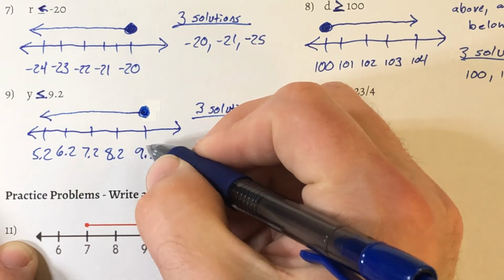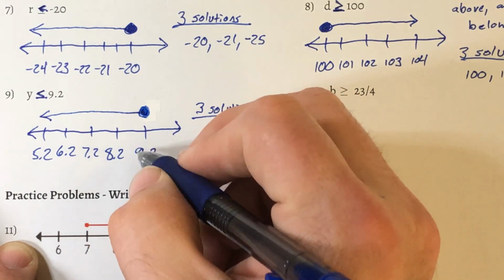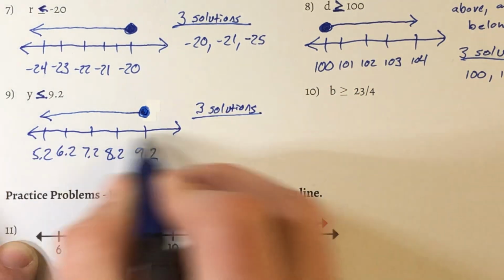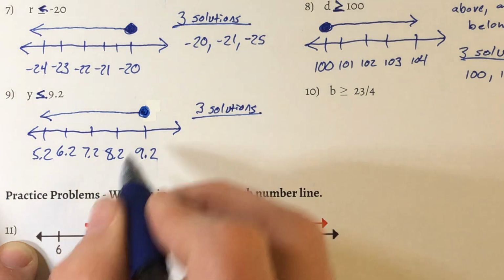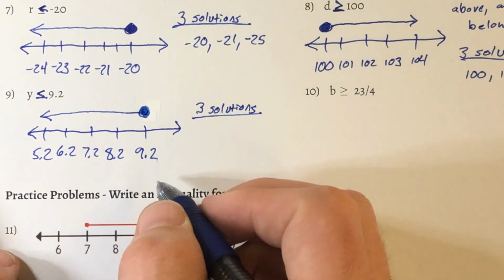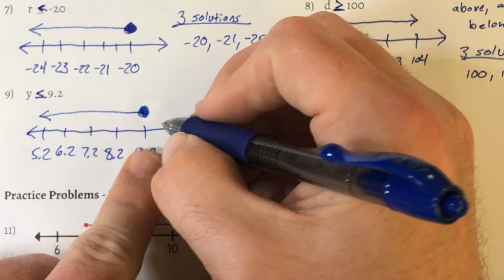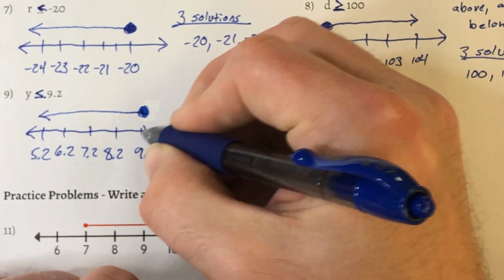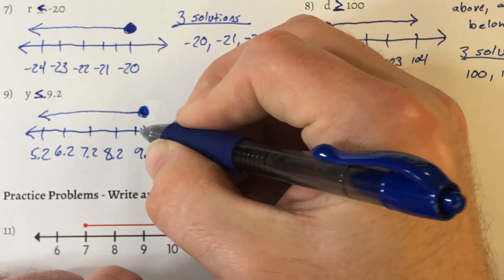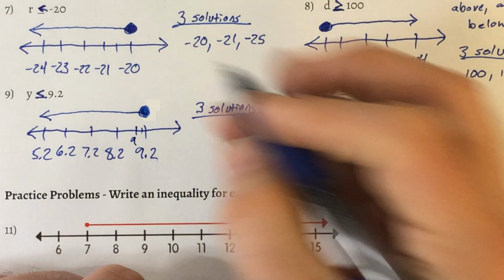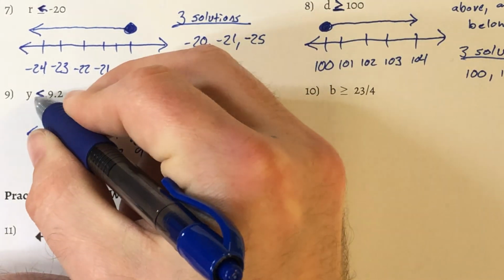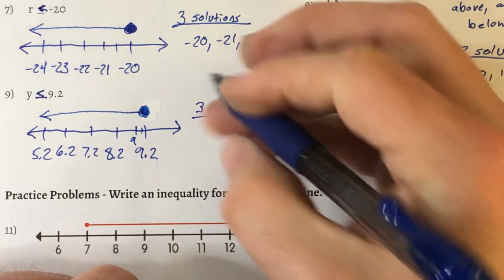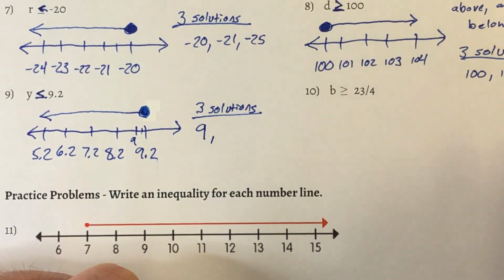Now, if I had not chosen to count by ones, I would have probably found one. So let's think. What's less than 9.2? Well, 9.1. Ooh, 9 would be right there, right? So 9 is less than 9.2, and it's a whole number. So 9 is a solution.